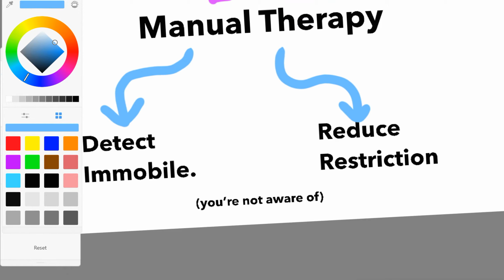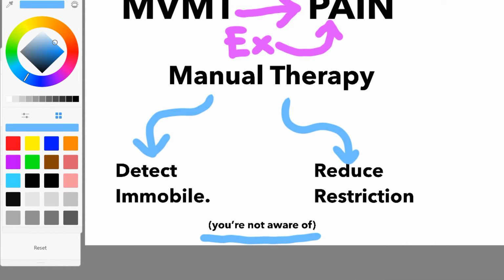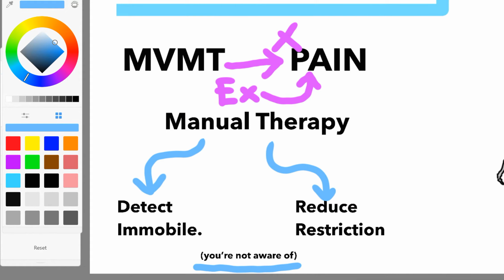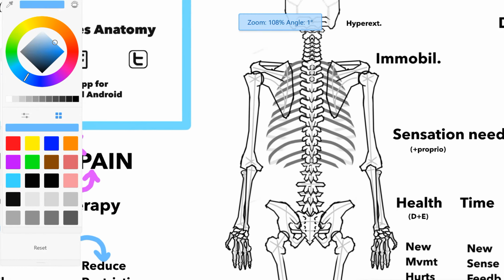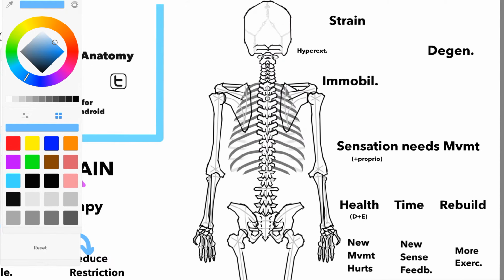And these might even be things that you are not aware of. In fact, that's the theme here. Oftentimes you're totally unaware of the immobile areas in your body, and you're missing out on important feedbacks into that movement-pain relationship that can drastically help you over time, of course.